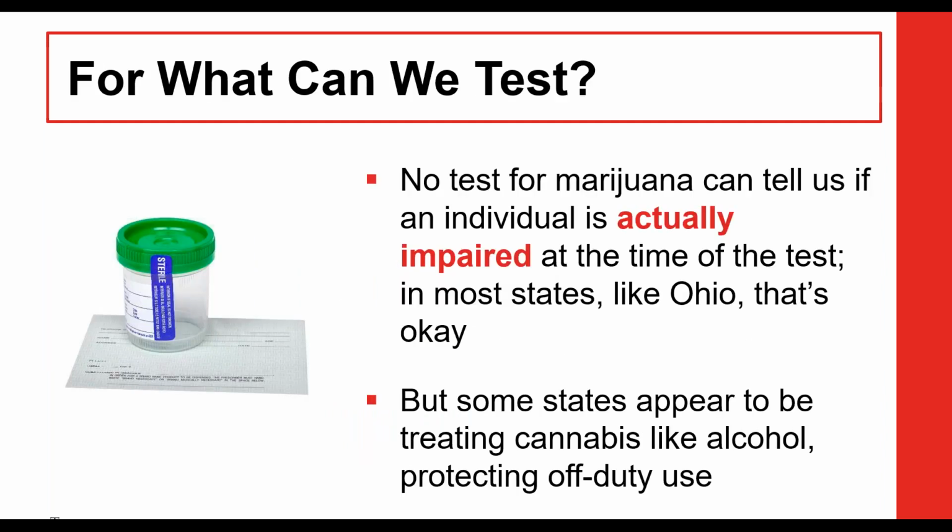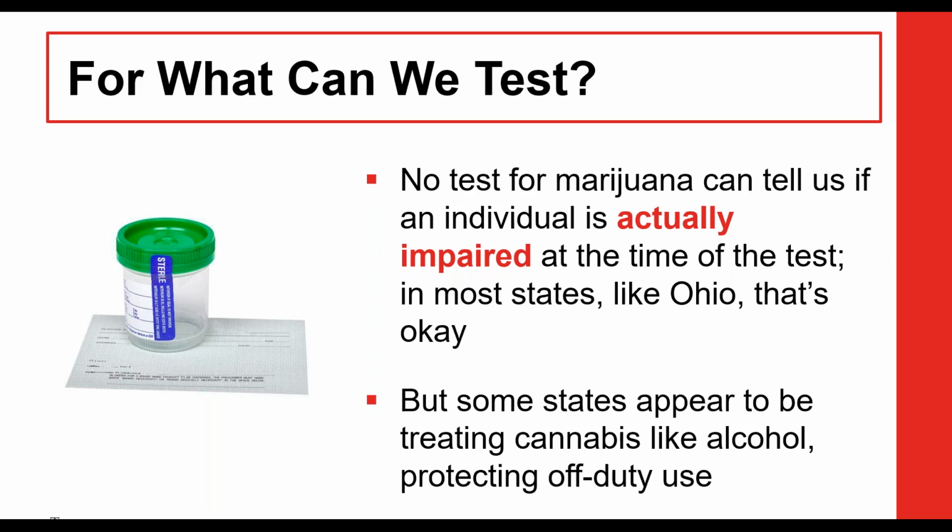And I'm gonna give a little primer to this, and then Matt's gonna get into more detail, but this seems like a silly question for what can we test when we're talking in a presentation that is centered solely on marijuana and cannabis issues. But in some places it's actually a really important question. What can we test?